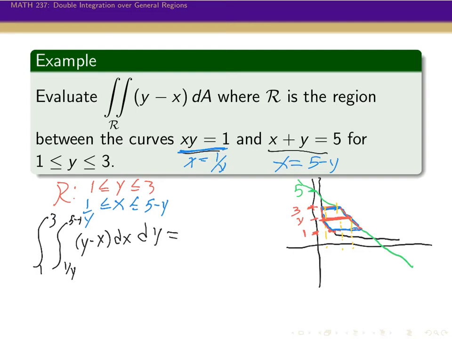So first we're integrating in terms of x. Integrating y minus x in terms of x gives me y times x minus x squared over 2, and my bounds are x going from 1 over y to 5 minus y. And then we're going to plug this into our other integral.